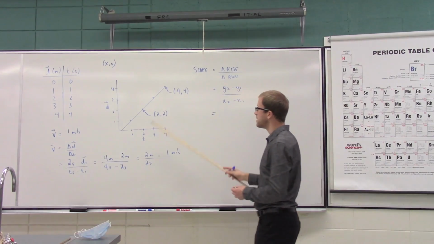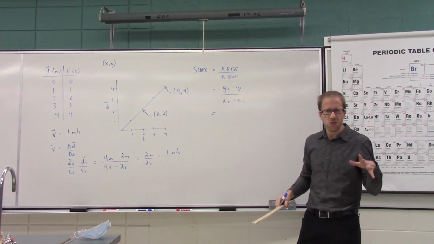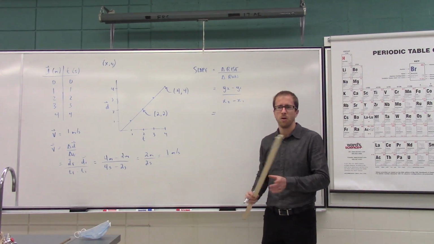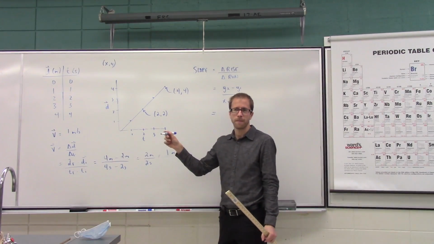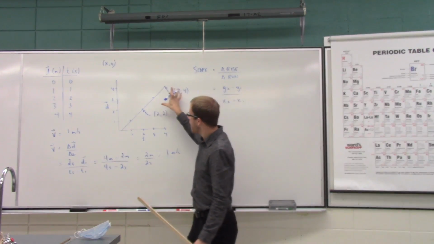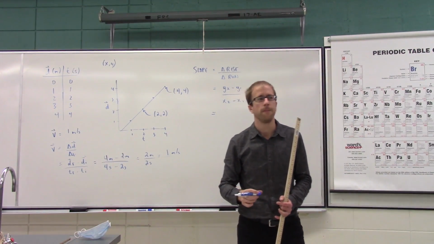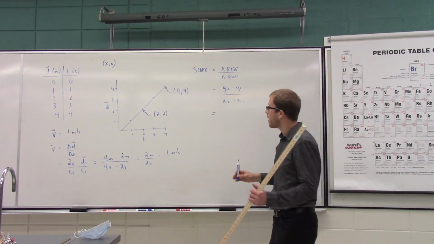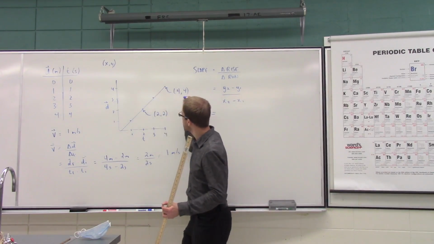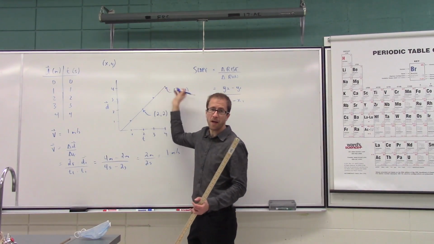So if I chose these two ordered pairs, by the way, on a straight line, does it matter which points I pick? No. If I choose any 2 points on this line, will it give us the same answer? Yes, it will. Keep in mind that your second point is always the point that's further down this way on your graph.